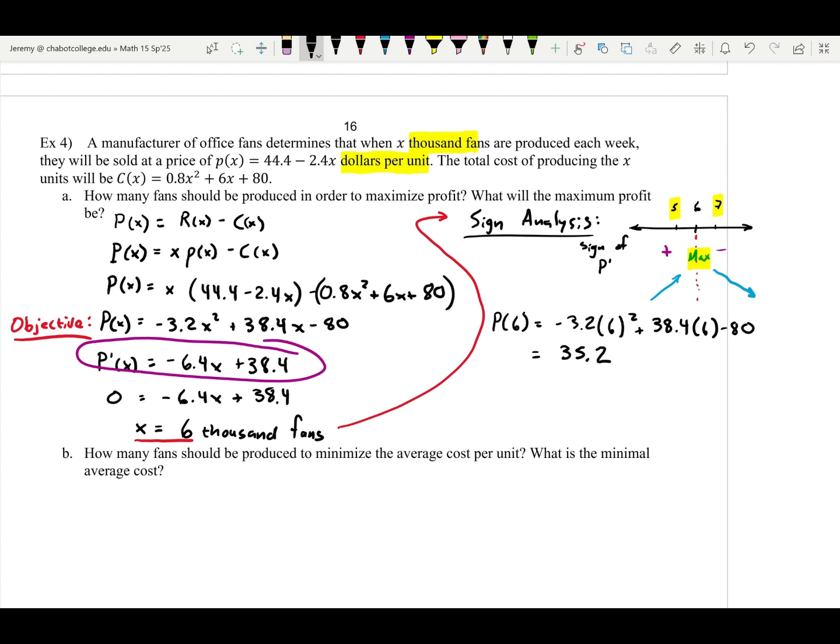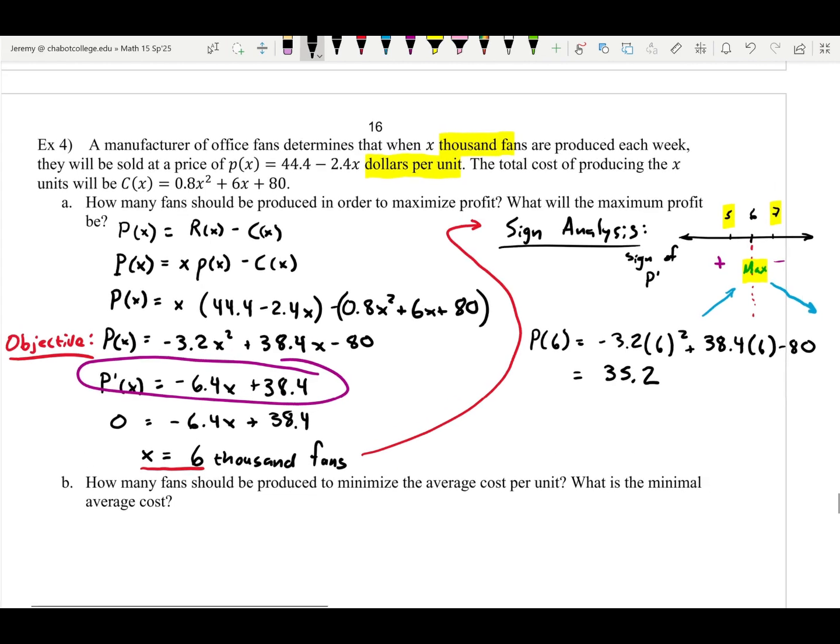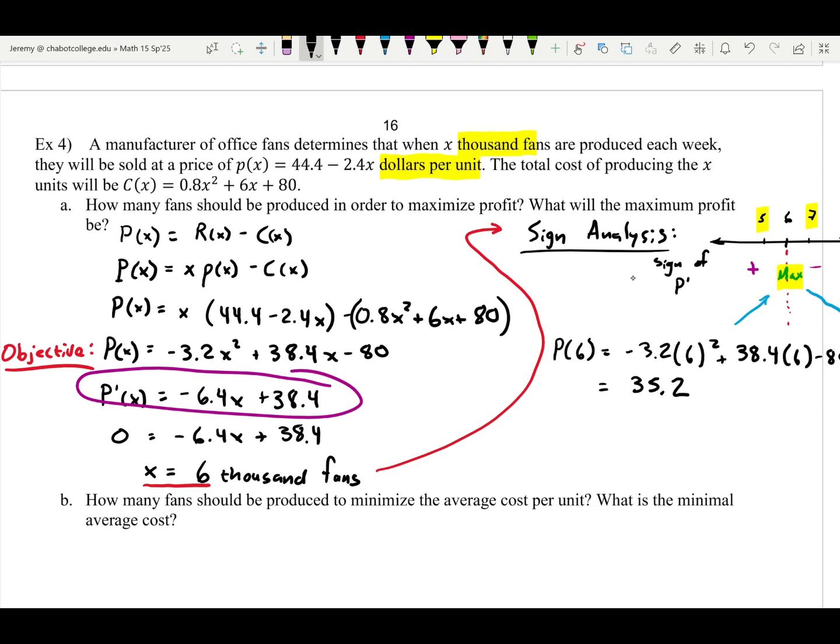And the units of this value is given, if we look at how our functions are defined earlier in the problem, and it isn't written on my page, it will be written on your page. This cost function, C of x, is measured in thousands of dollars.